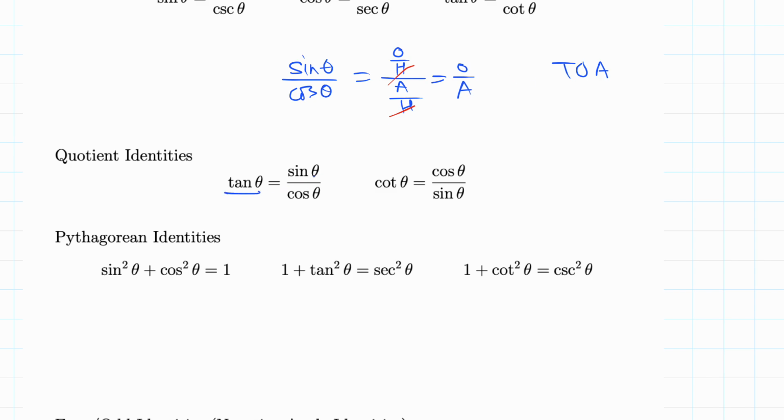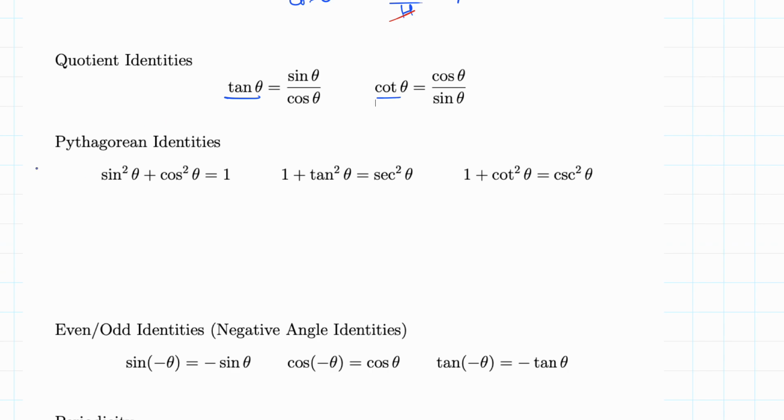So tangent is sine over cosine. And if we flip this fraction, that's the reciprocal, cotangent, cosine over sine. So we have 2 quotient identities. Tangent is the quotient of sine and cosine, and cotangent is its reciprocal.